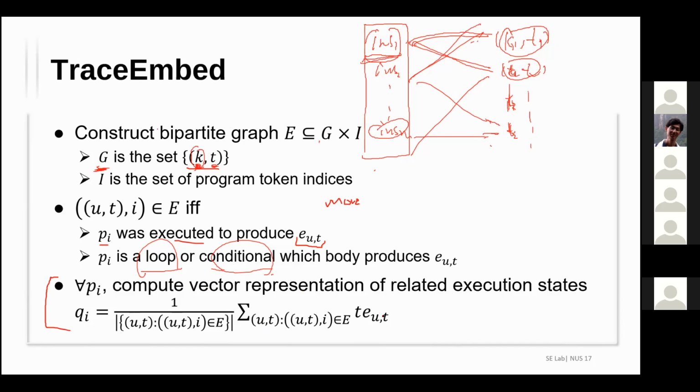So that's why I think the bipartite graph is only useful for calculating this embedding. Okay, whatever it is, we have encodings of the instructions. And once we have them, each program will be converted into a sequence of instructions, so a sequence of vectors, right? Each program, yeah.